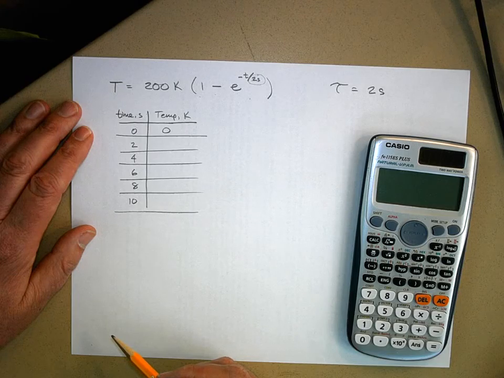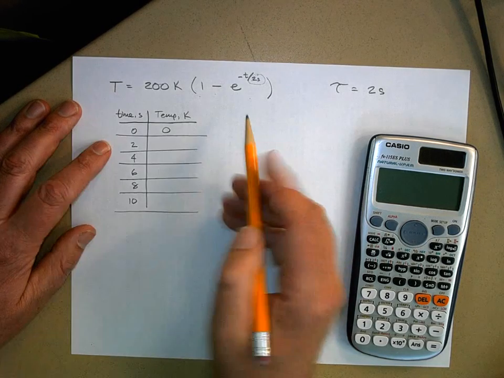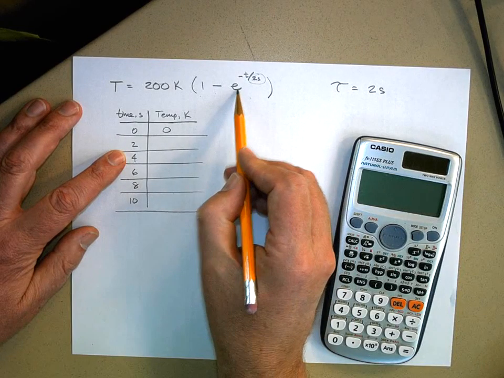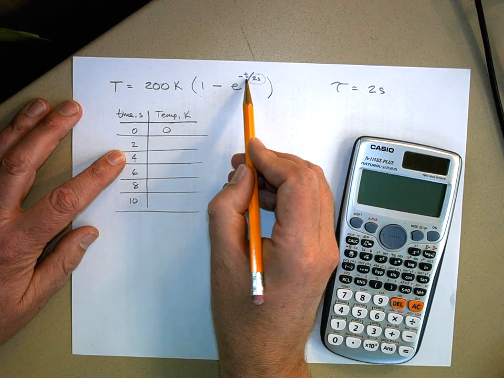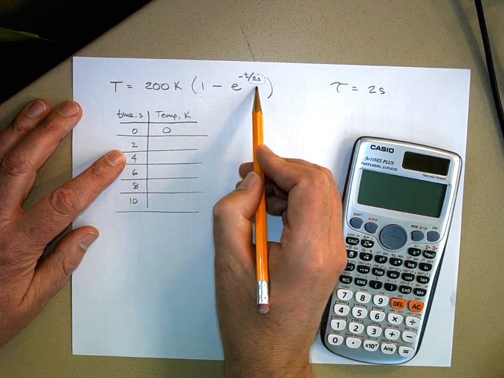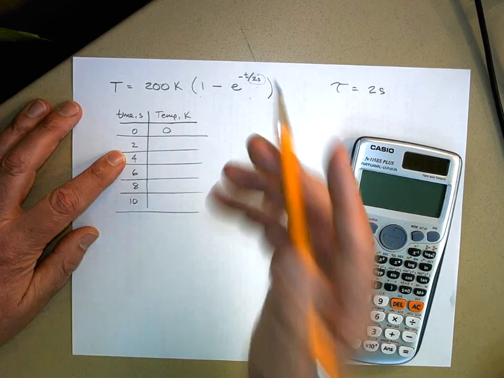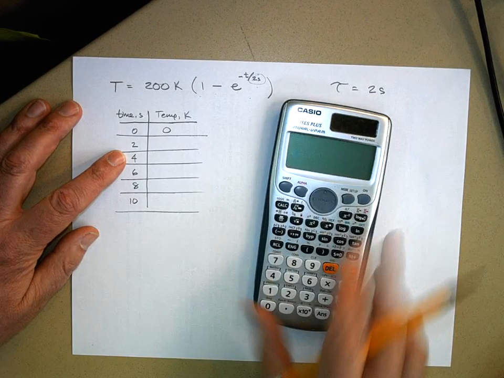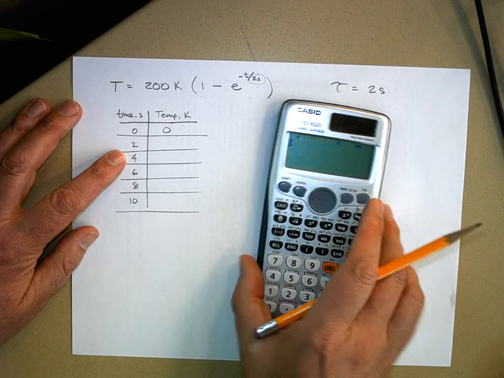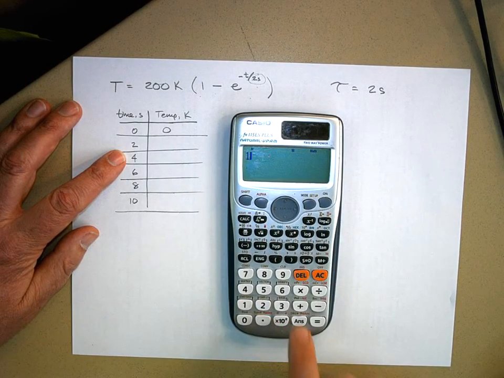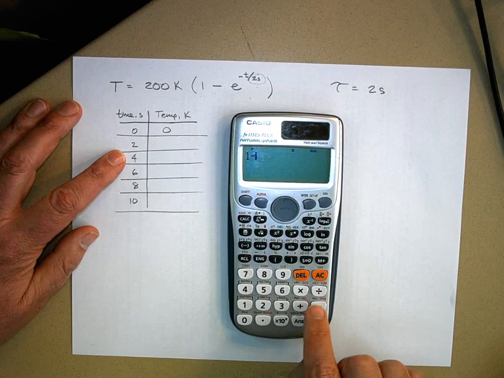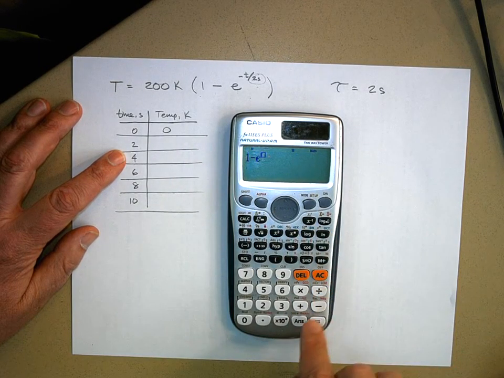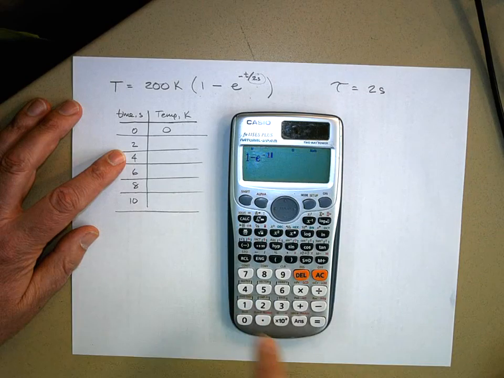Did you get that? Okay, now we're going to go to 2 seconds. What is e to the negative 2 divided by 2? What is 2 seconds divided by 2 seconds? Negative 1. So this is going to be, let me turn my calculator on, 1 minus e to the negative 1.